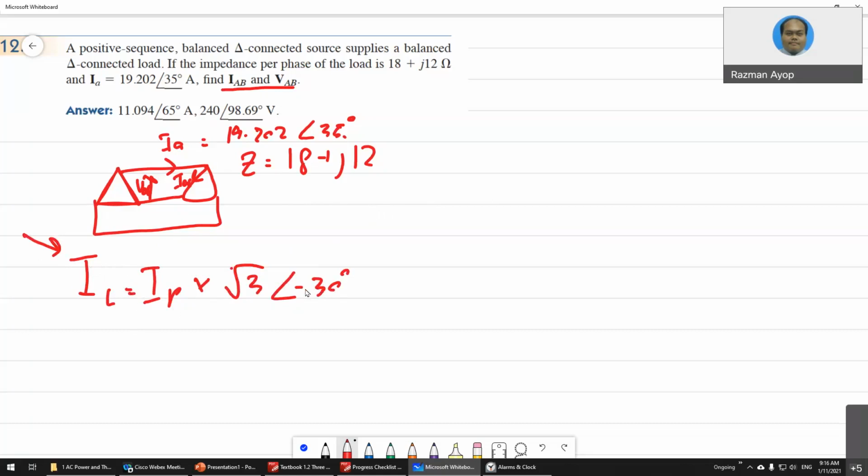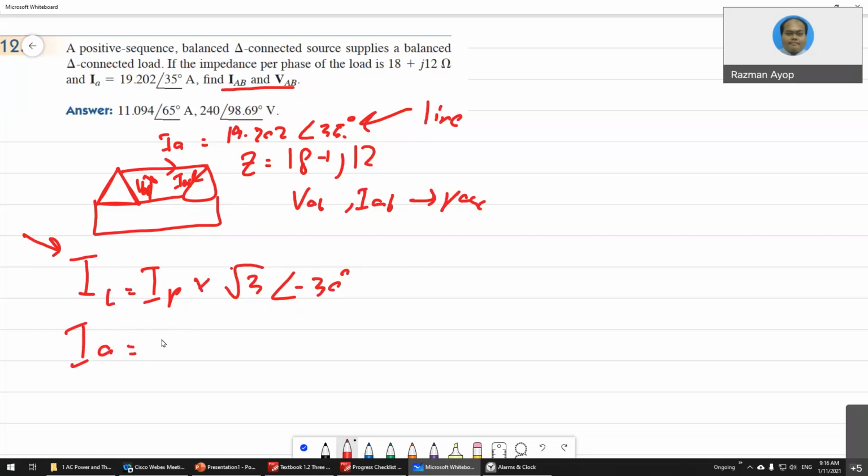Don't forget this is negative. This one is line, and VAB and IAB are phase. So just use this formula.